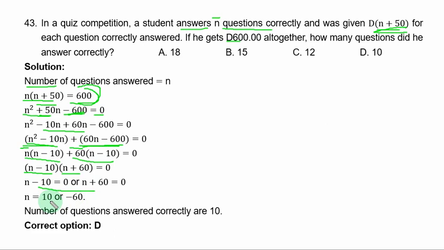If you transfer the respective constant terms, n is equal to 10 or minus 60. Number of questions answered correctly cannot be negative, so n is equal to 10. D is the correct option.